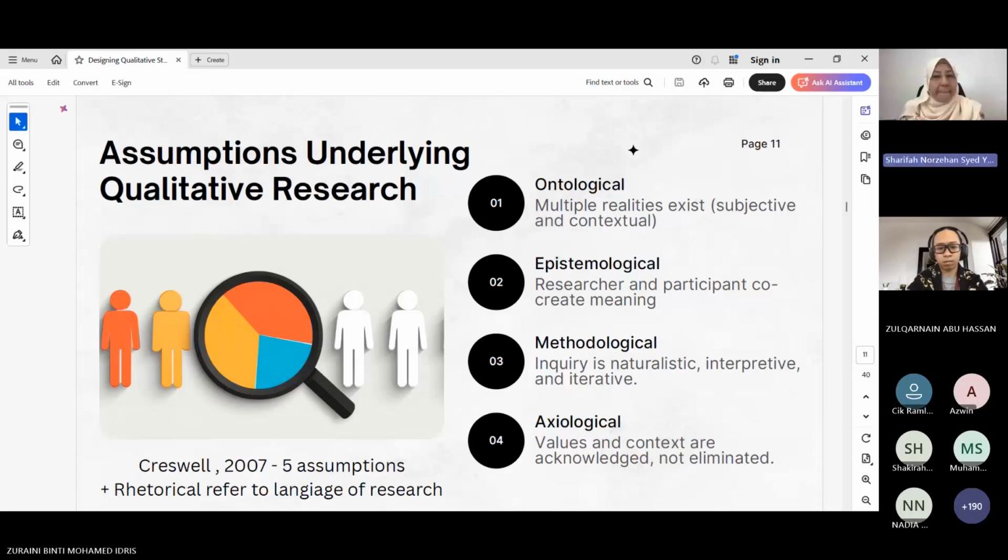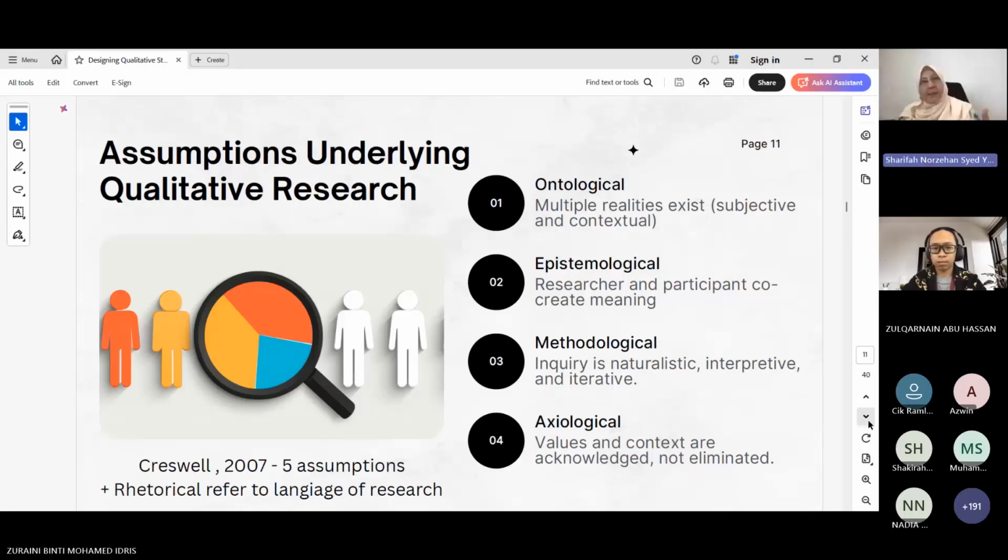If you look at Creswell, he talks about rhetorical. It's more on the language of research. In some disciplines, they accept that when you write your thesis, you use I. I did this, I did that. But in certain disciplines, they don't acknowledge it, that you are referring to yourself as I, as a researcher.